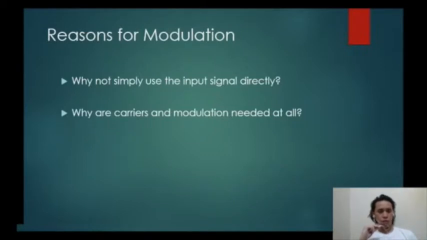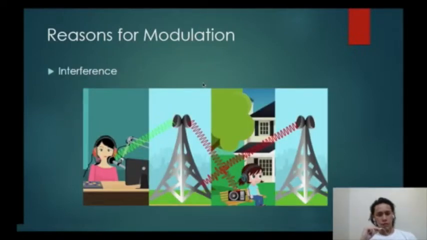So, reasons for modulation. Bakit ba natin kailangan ng carrier wave at modulation? Ba't hindi na lang natin ipadala sa channel yung input signal directly? The first reason is interference. If this is one station and this is another station, if hindi nila minodulate, that means na yung tinatransmit is audio signal.